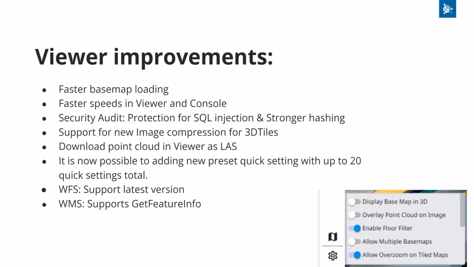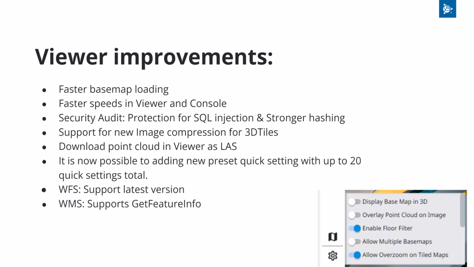Further support for new image compression for 3D tiles. Downloading point cloud in the viewer as LAS. Now the customer is able to download visible point cloud data locally in LAS format. Before that it was only some text format.